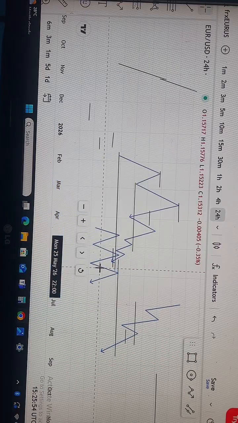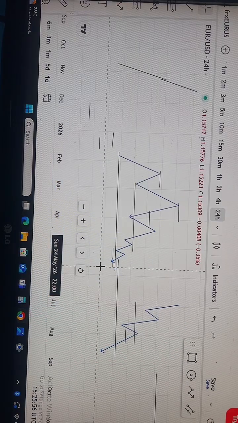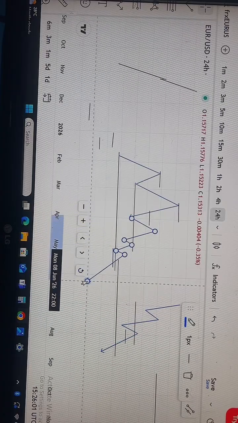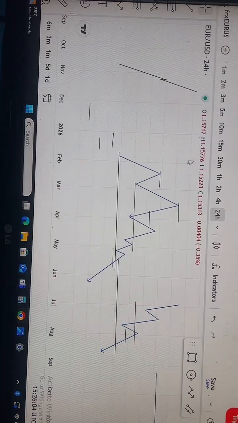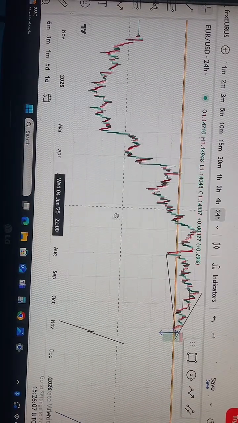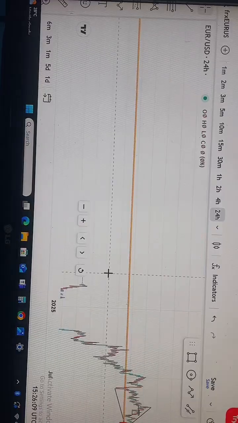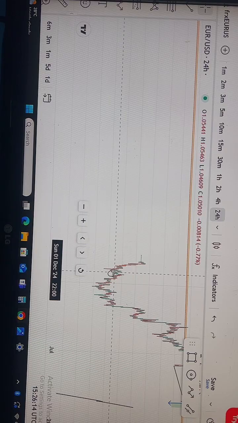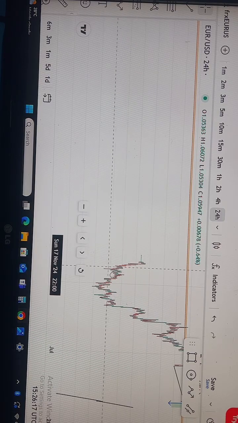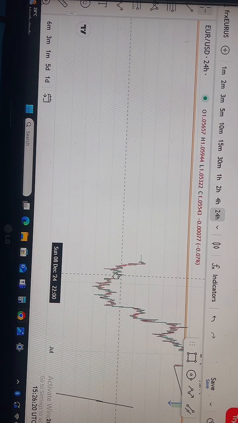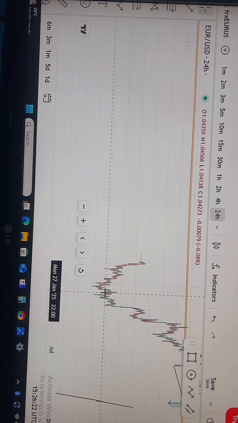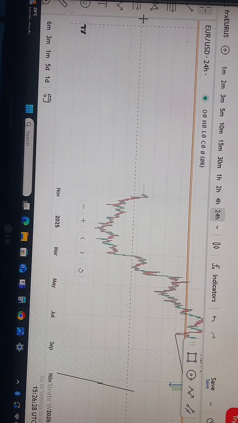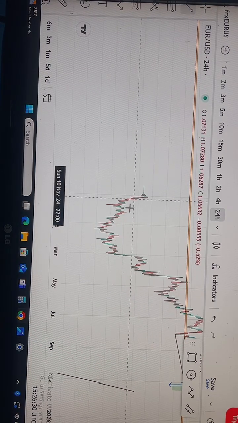Now let me delete this consolidation phase I drew here. Now you will see something of this kind. Let me take you to the charts right away. This was coming from the downside. We had lower lows, lower high, lower high, lower high, lower high, until this high came to take out the origin of the other high.